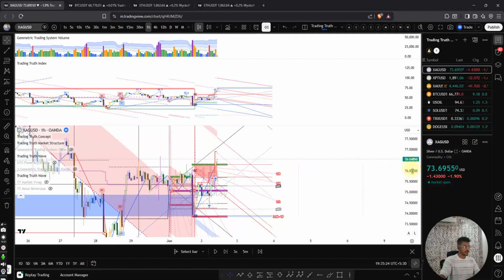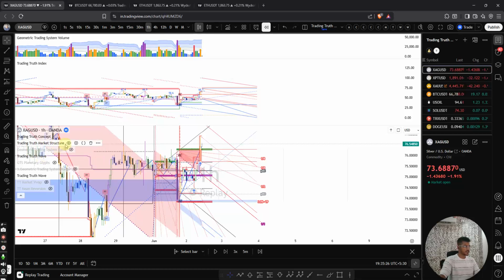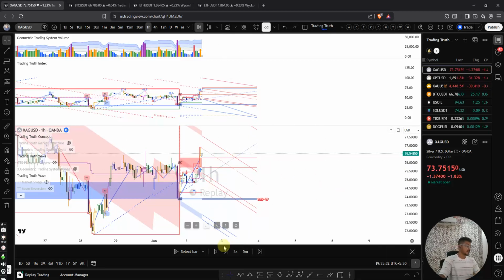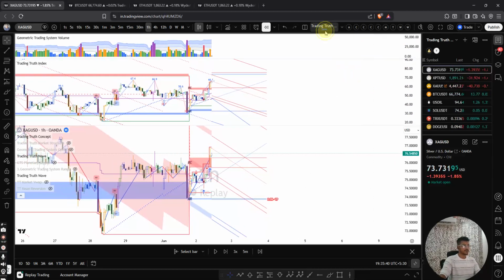That's why I was explaining to you guys that you can't trade one thing on its own. You need a combination of multiple things. For instance, you see there was this new structure formation, right? A distribution structure.